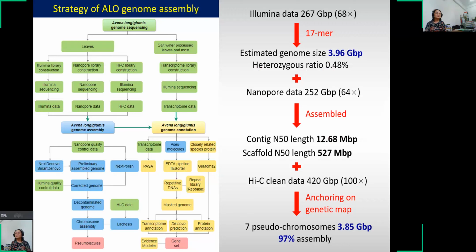A higher quality ALO genome was assembled by integration of Illumina, ONT, and Hi-C technologies. The ONT raw data and the Illumina data were used for iterative error correction 4 times, yielding a polished assembly. Further Hi-C data was used to improve the assembly and anchor scaffolds into superscaffolds, which were clustered and ordered into 7 pseudochromosomes.